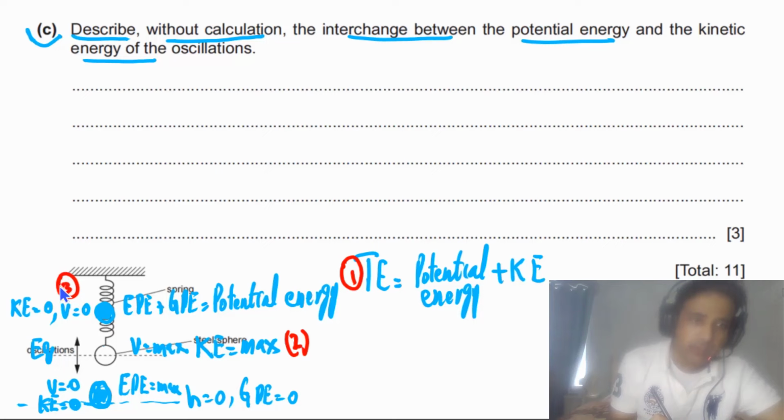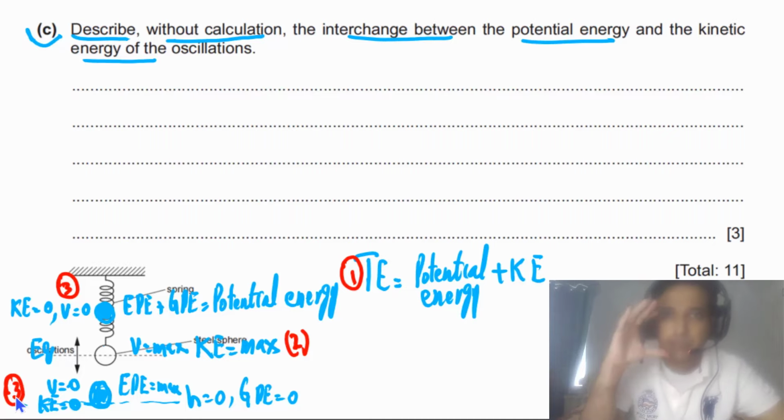So this is also maximum displacement, so kinetic energy here also will be equal to 0. This is the same point. We can say when displacement is maximum, kinetic energy is equal to 0. We can say total energy is equal to the sum of these two energies, and kinetic energy is maximum at equilibrium.